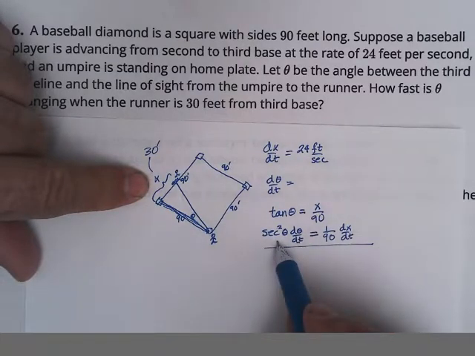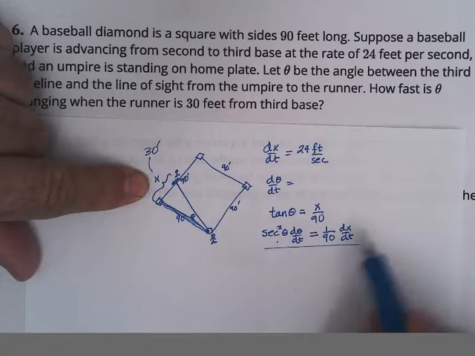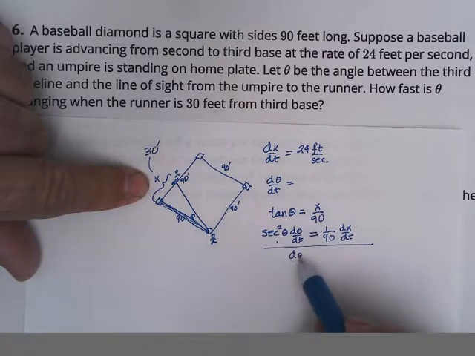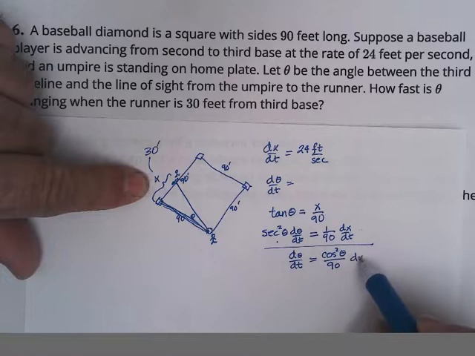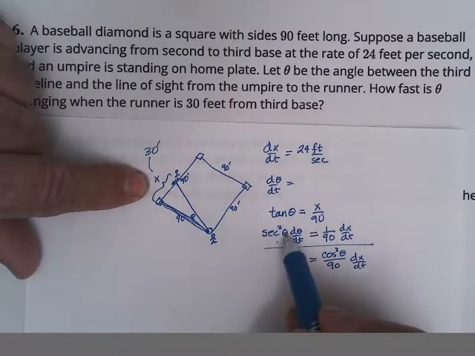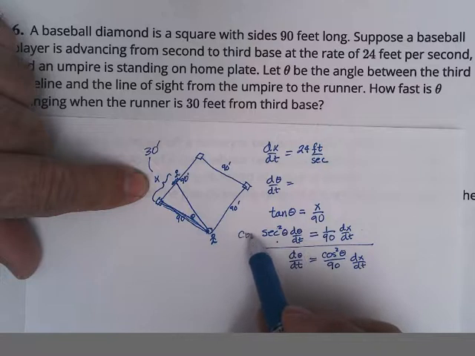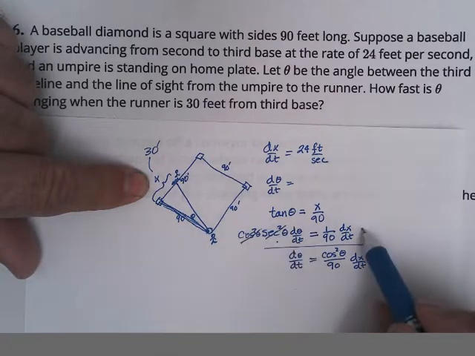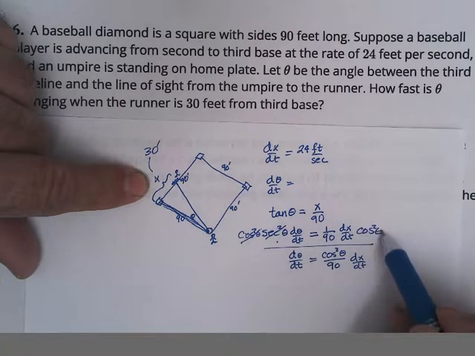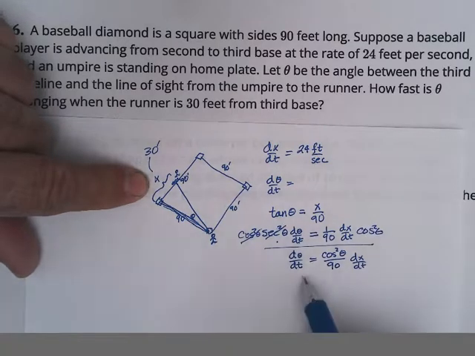This is 1 over cosine squared, so I'm going to multiply both sides by cosine squared, so I get d theta/dt equals cosine squared theta over 90 dx/dt.